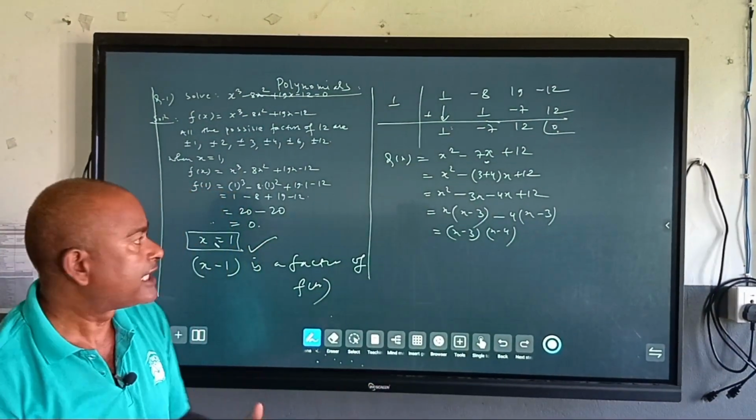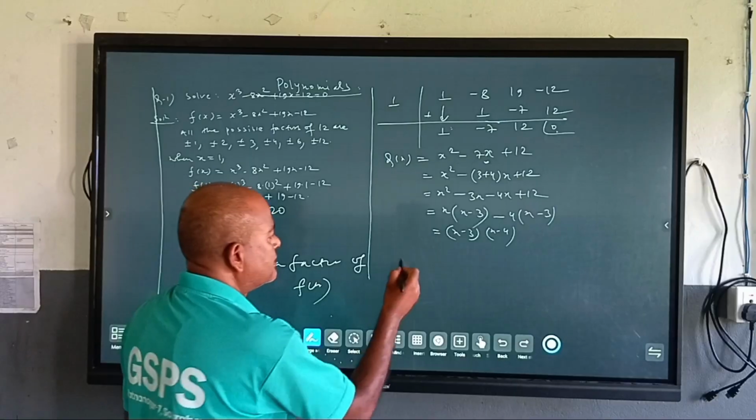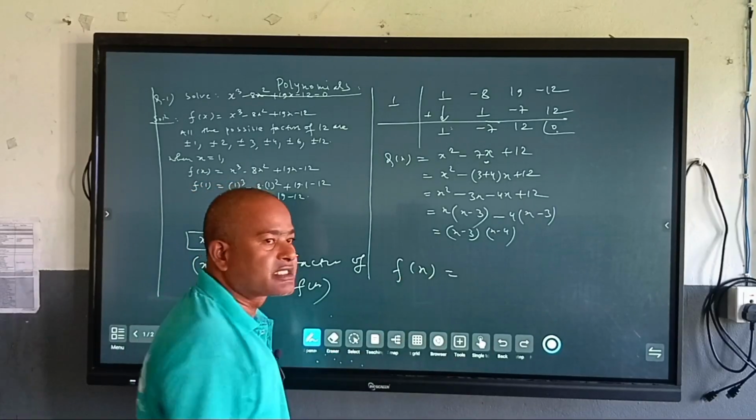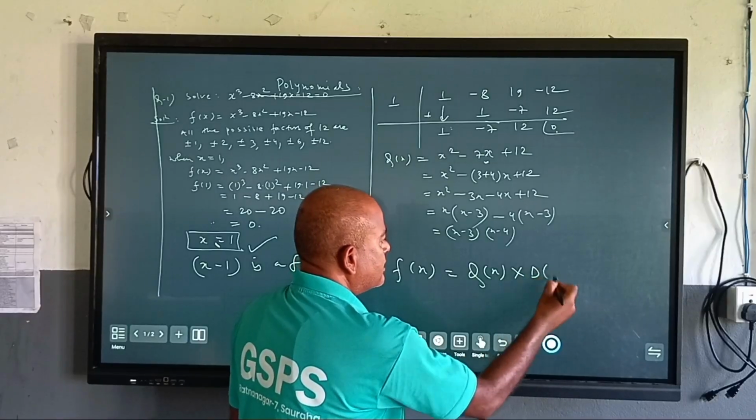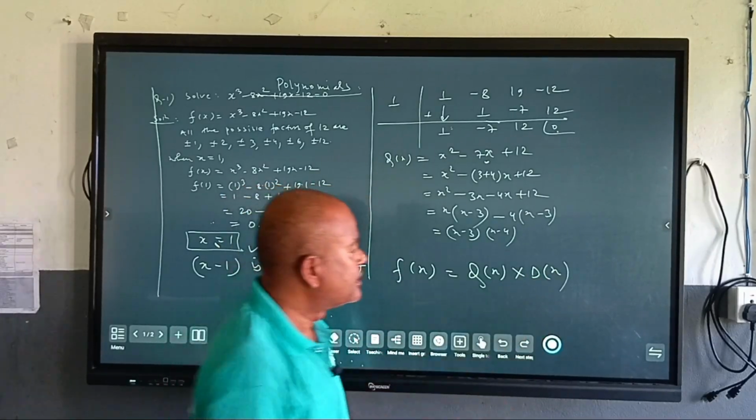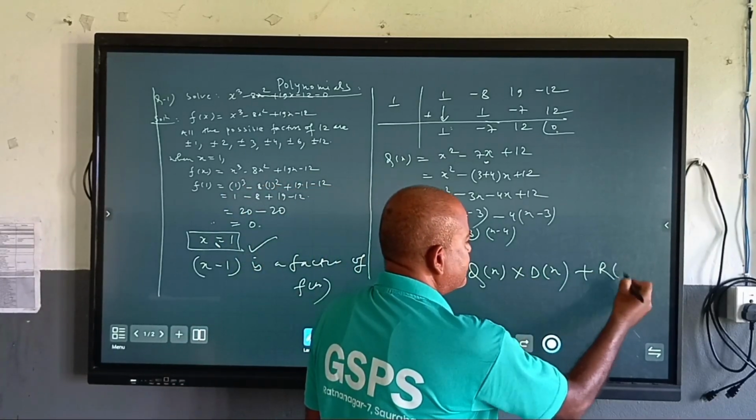Dear students, we know that any polynomial can be written as the product of quotient and divisor plus remainder.